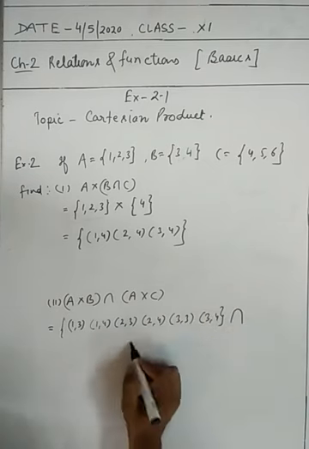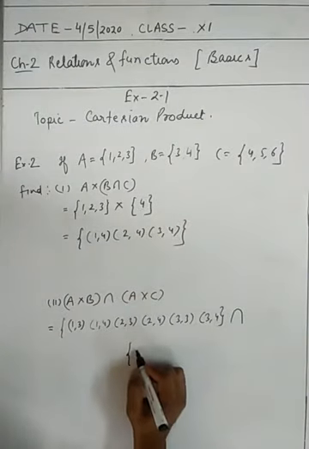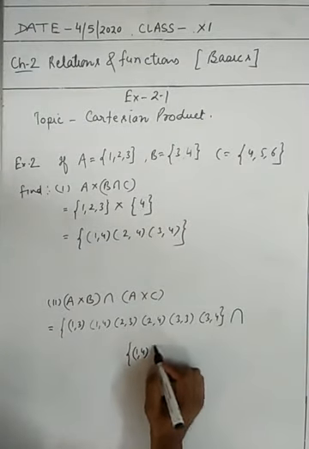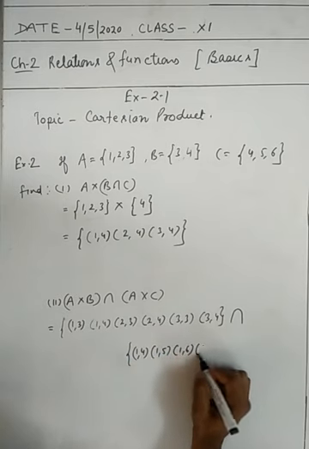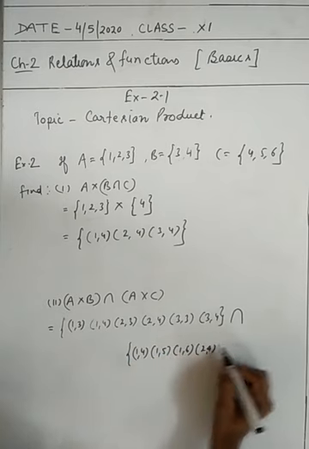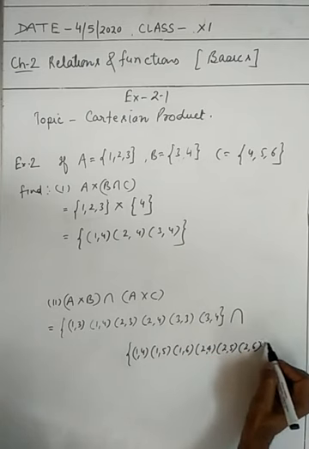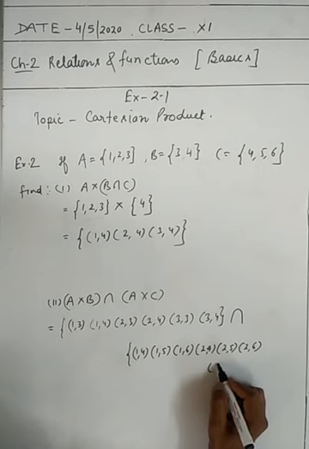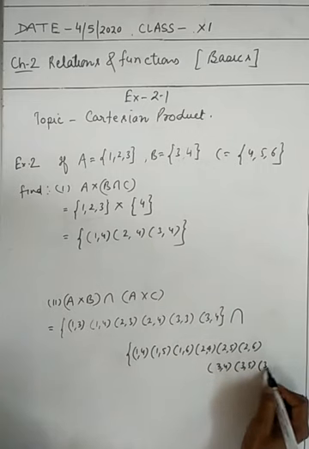Now the intersection with A cross C. A cross C, this is (1, 4), (1, 5), (1, 6), then (2, 4), (2, 5), (2, 6), then (3, 4), (3, 5), and (3, 6).